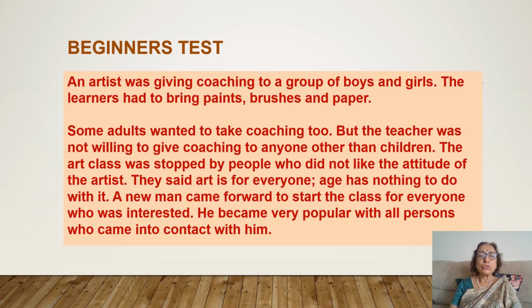An artist was giving coaching to a group of boys and girls. The learners had to bring paints, brushes, and paper. Some adults wanted to take coaching too, but the teacher was not willing to give coaching to anyone other than children. The art class was stopped by people who did not like the attitude of the artist.